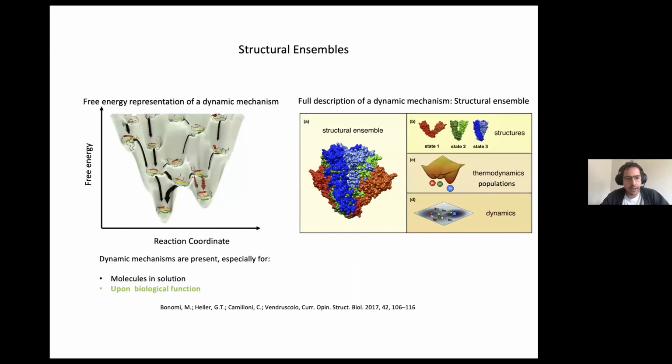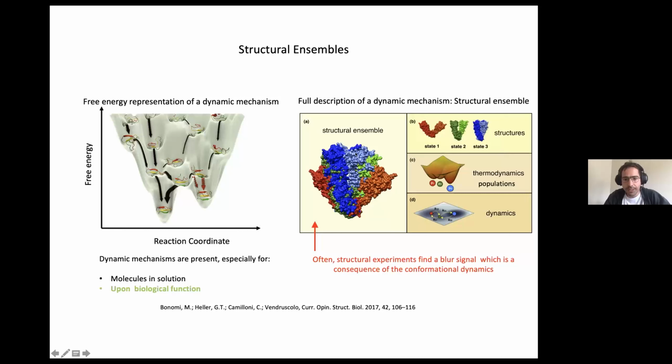And here is another picture of how matter exists more in the form of a structural ensemble rather than a single structure. You have several minima along a protein folding pathway, and you have a time scale of interconversion between states. For instance, consider these three states. You have the thermodynamics, which is the populations, but also you have the interconversion time scales.